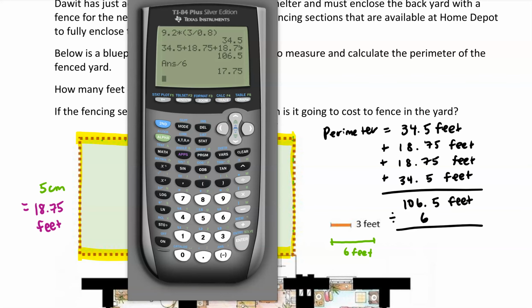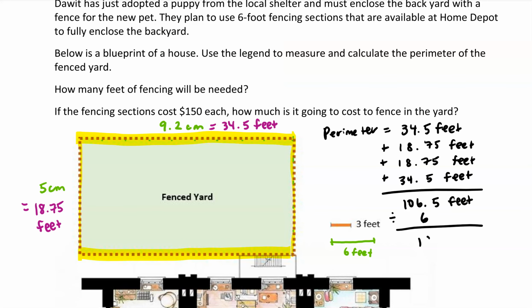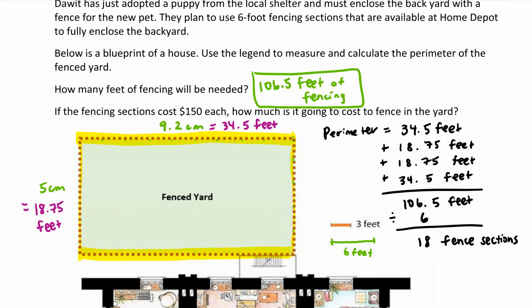However, you can only purchase them in whole numbers, so we're going to need 18 fence sections. And so here we can answer this part: we're going to need 106.5 feet of fencing. So that answers that first question.